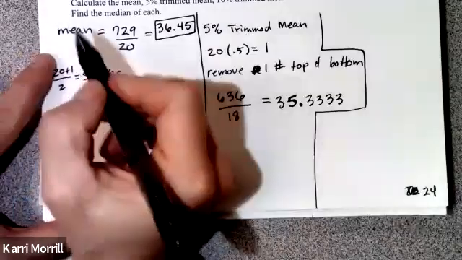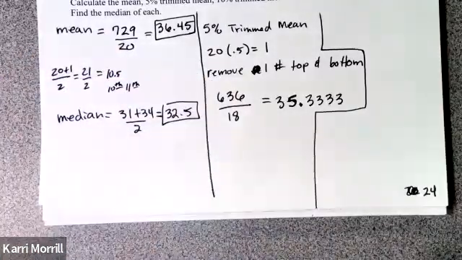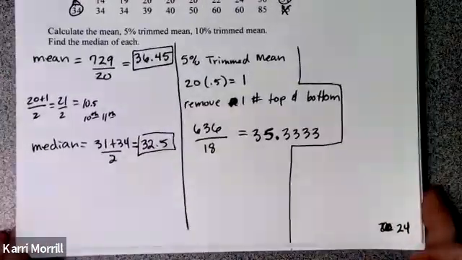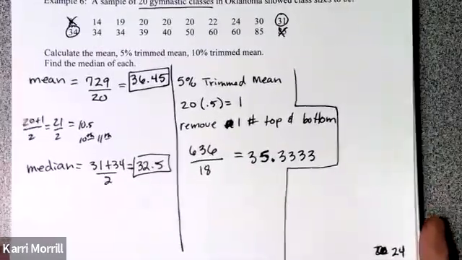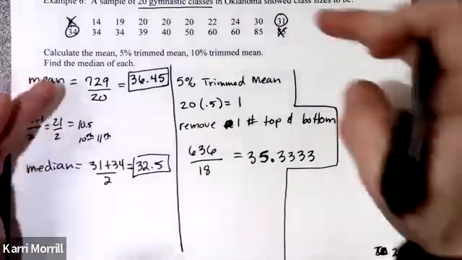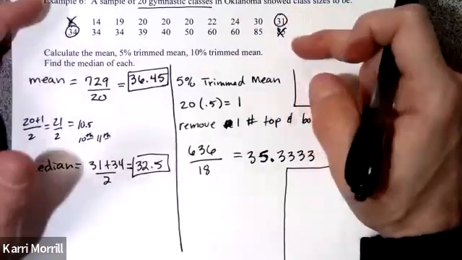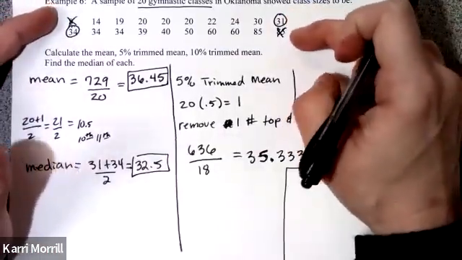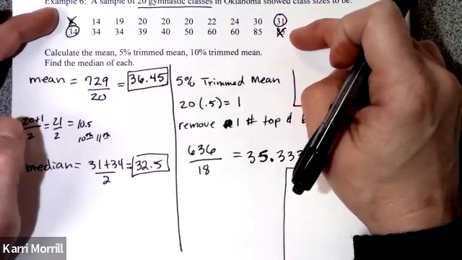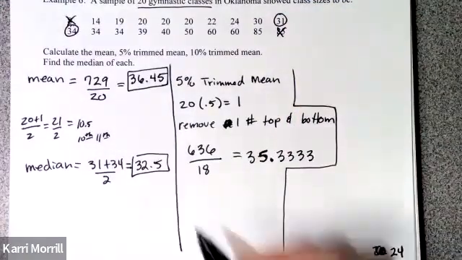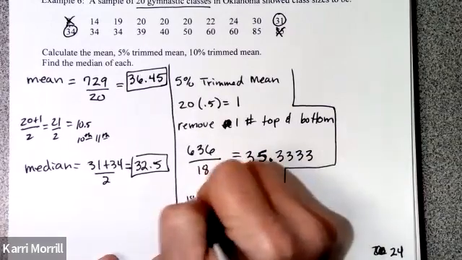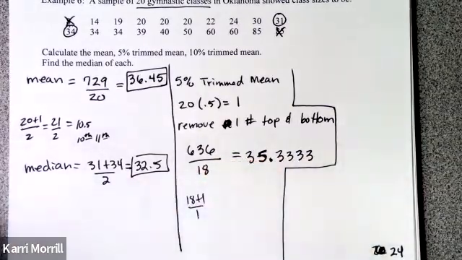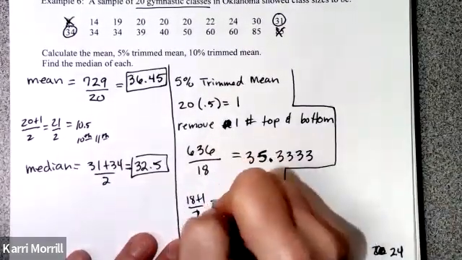So this is the actual mean before you trimmed any off the top and the bottom. And hopefully you'll notice your median, those numbers are always going to stay in the middle if we eliminate the same amount off the top and bottom, no matter what. Because even if we went to 18 digits and we were going to find the median, 18 plus 1 is 19 divided by 2, or over 2.